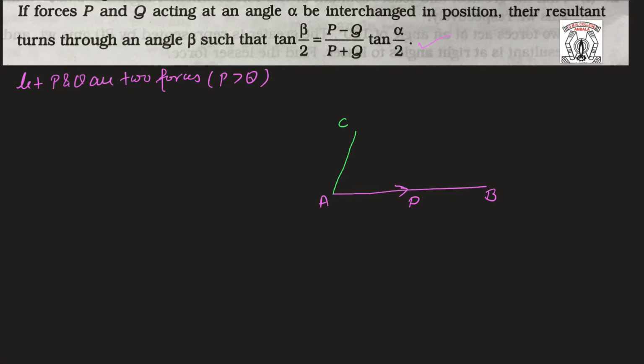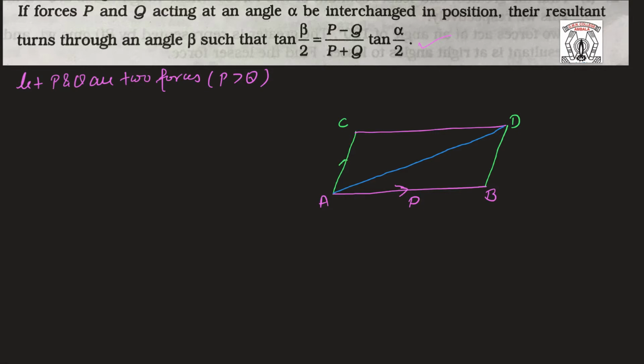Now complete the parallelogram. This will be D, and this will be this one, and the resultant will be running something like that.